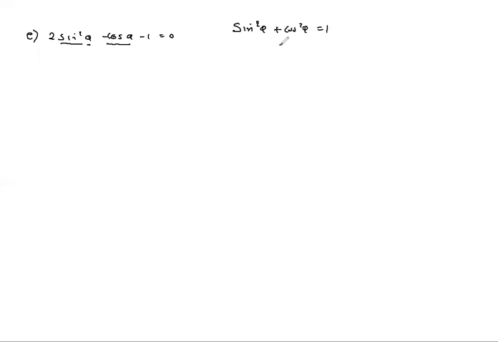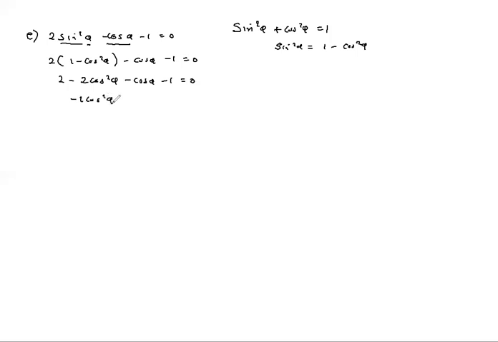So we change sine into cos using that. Where there is sine, we have 1 minus cos squared theta, minus cos theta minus 1 is 0. So when you expand, we have negative 2 cos squared theta minus cos theta plus 1 is 0.